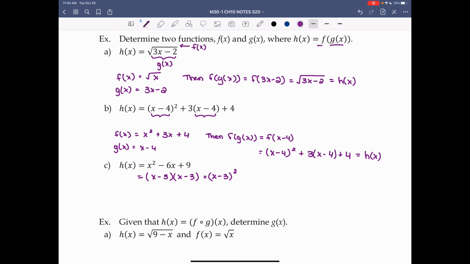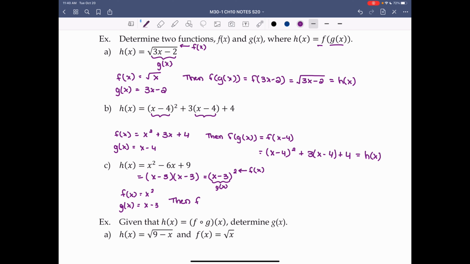So if our outer function is x² and our inner function is x - 3, f(x) = x², g(x) = x - 3.